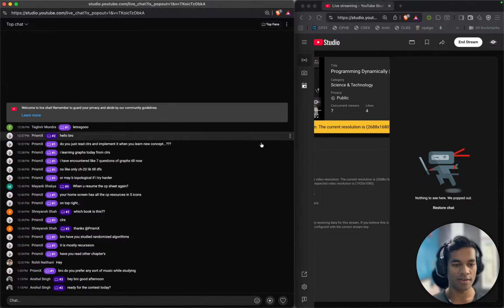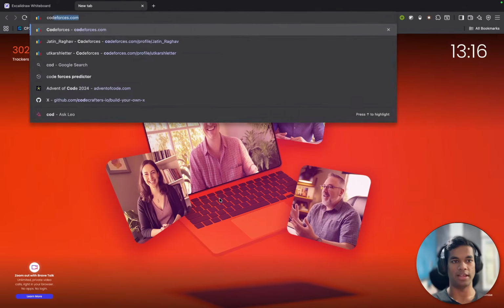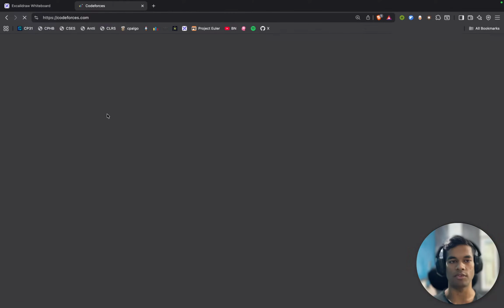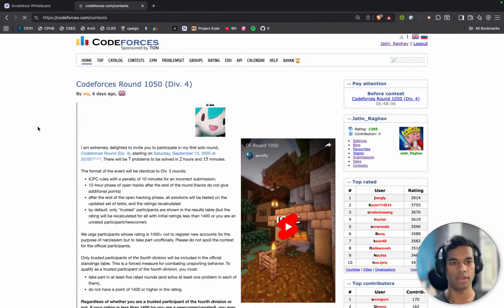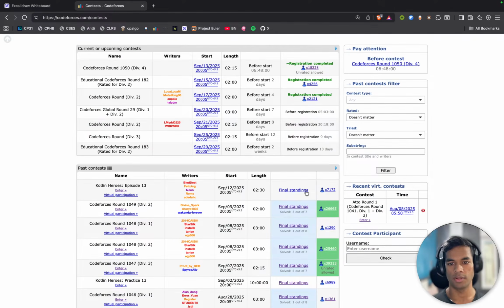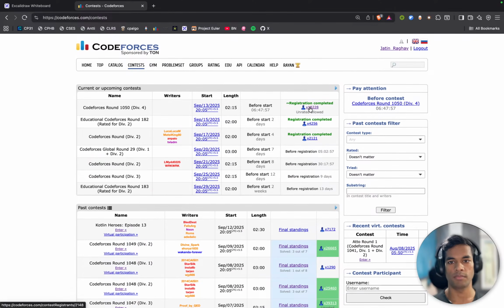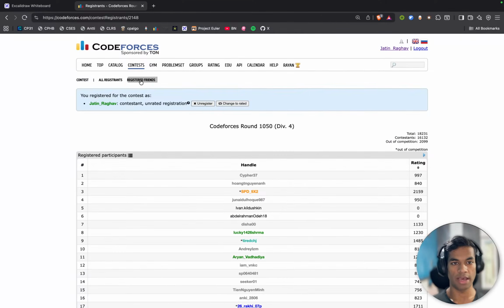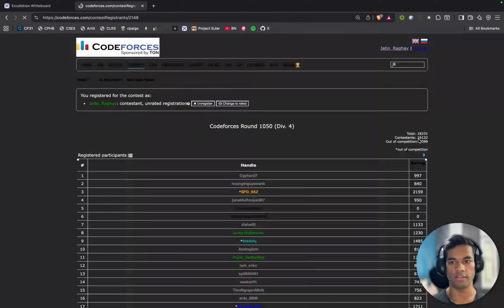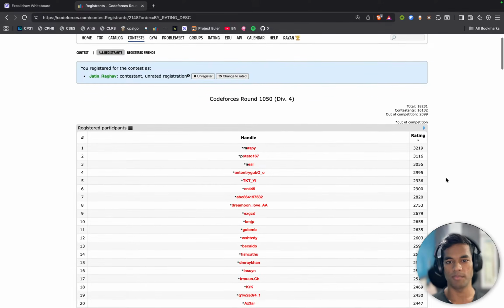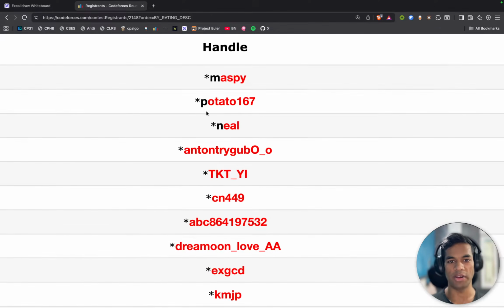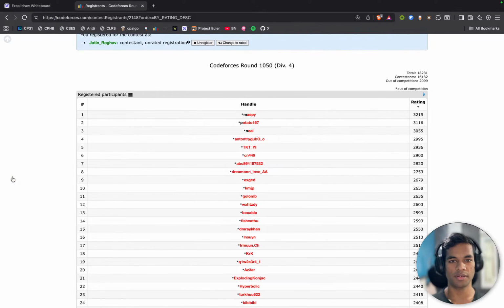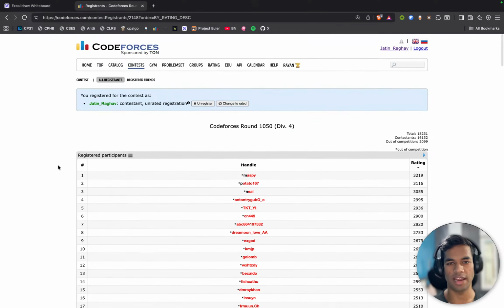I thought no one gives Division 4, only people who have newbie and pupil rating give Division 4 contests. But then I saw the list of the people who were giving Division 4 today, and if we sort this by rating, LGMs are giving Division 4 contests. So that is cool. And I guess they will be able to solve this in less than 30 minutes at max.